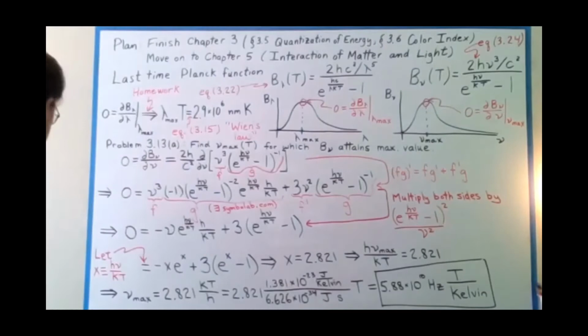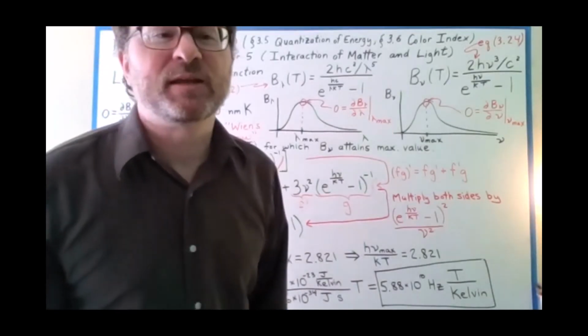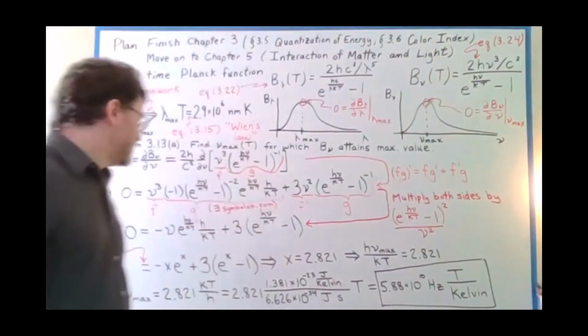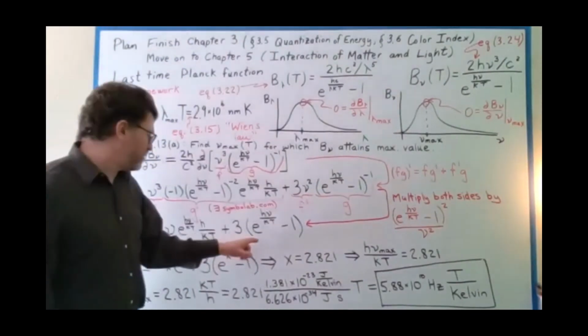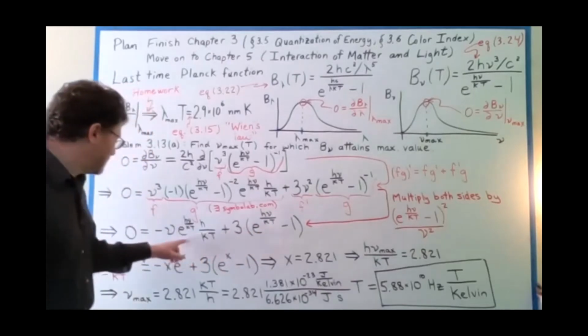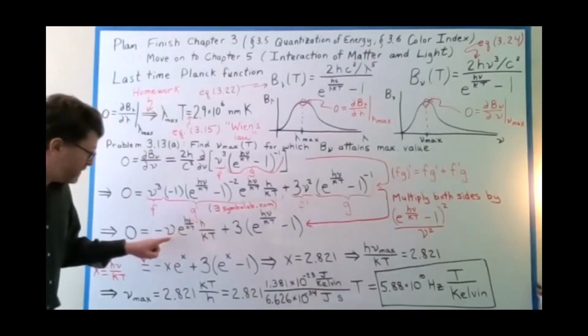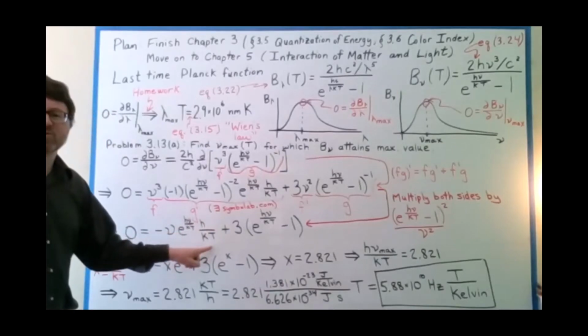And now we can make this simpler still by saying, hey, look, there's a combination of variables which appears repeatedly in this particular expression. In particular, look at what we're raising e to: h nu over kT. Well, there's also an e to the h nu over kT here. And if you look, there's an h times a nu over kT here as well.